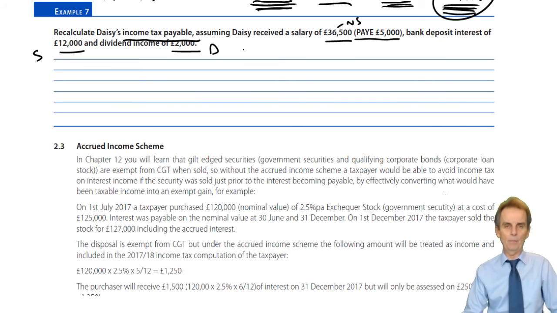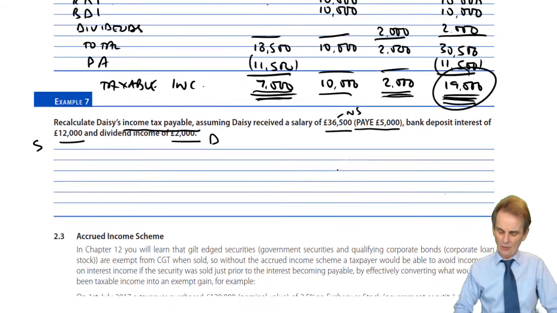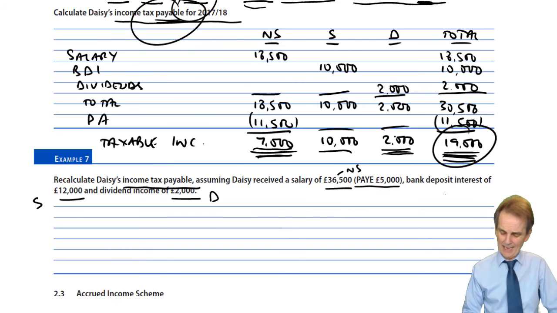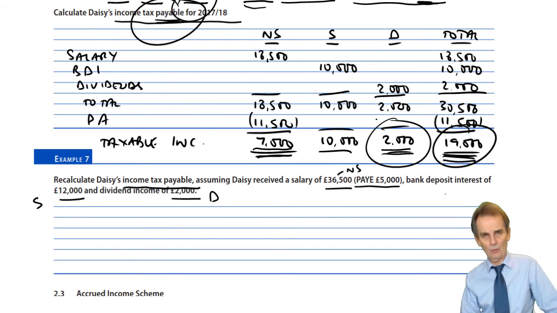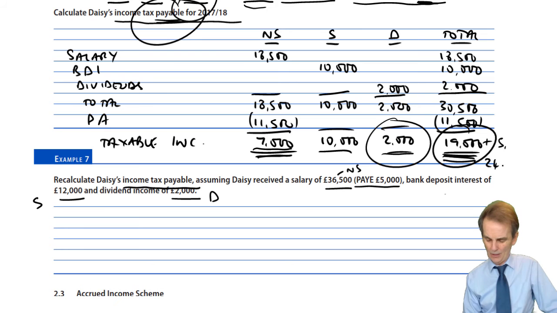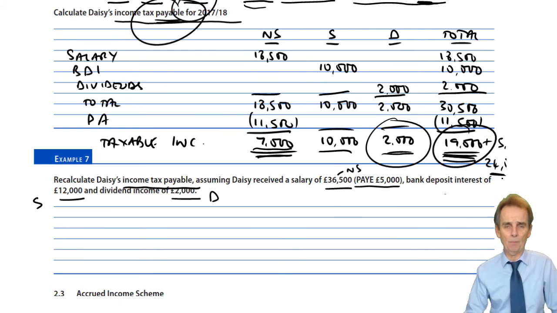What would have happened if it had been more than 2,000? Well, we will see. If you go back to the question we've just done, you had £2,000 worth of dividend income. What about if that had been £7,000? Well, if that there, instead of 2, had been 7, then we'd be adding 5,000, so that would be 24,000. So you'd still be a basic rate taxpayer.